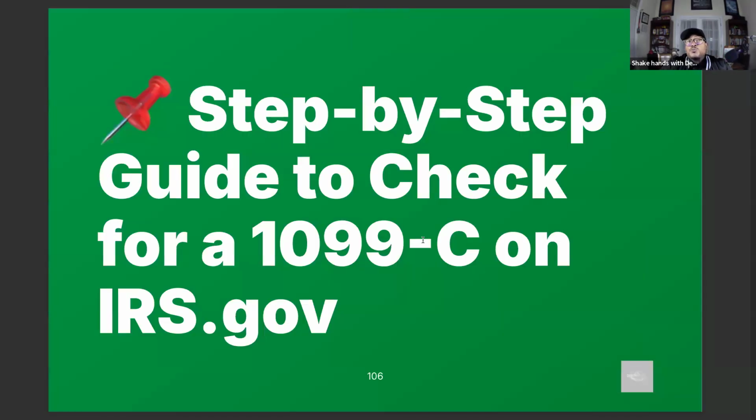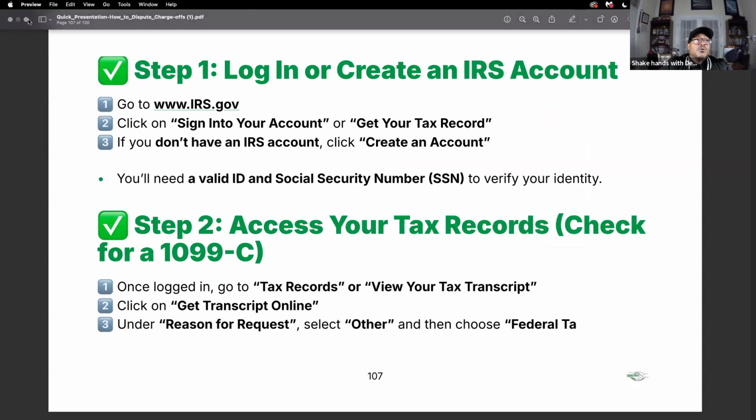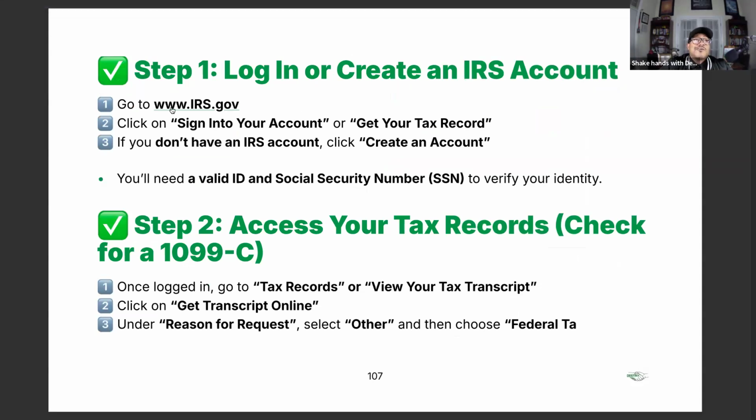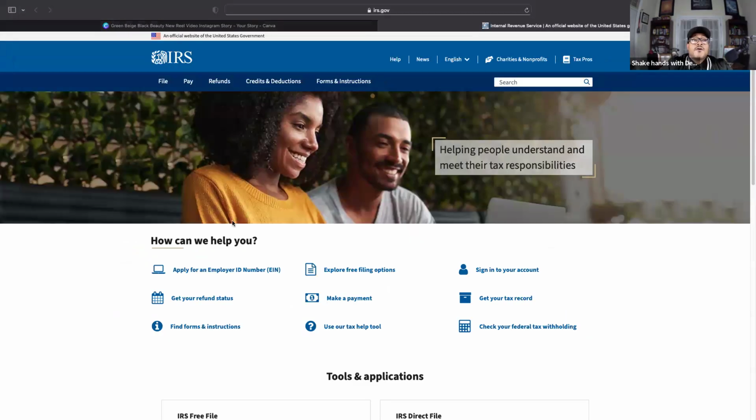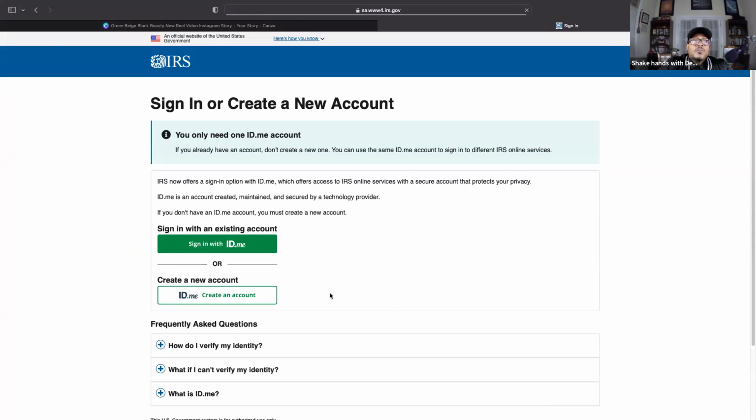All right, so this is what you want to do step by step, going to IRS.gov. Then you want to go to sign into my account. Then you want to go to individual here, sign into my account.